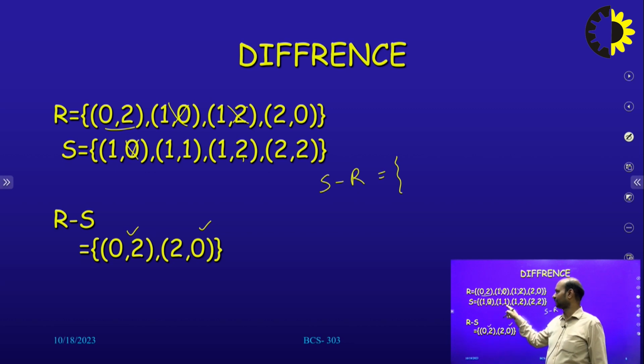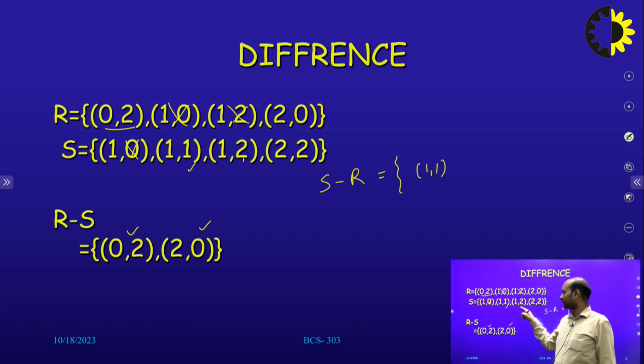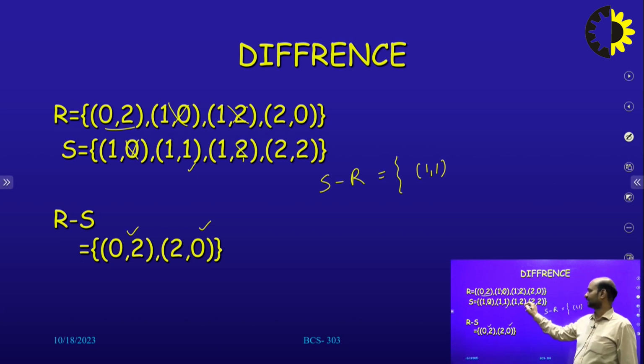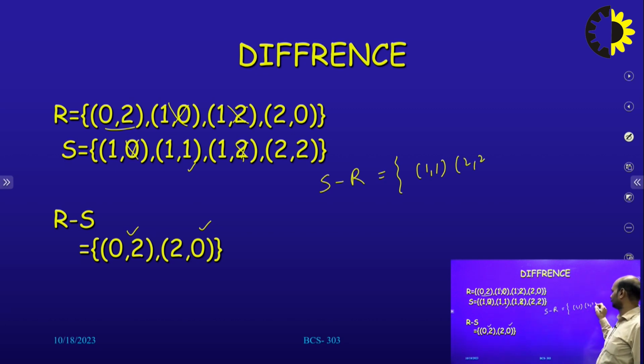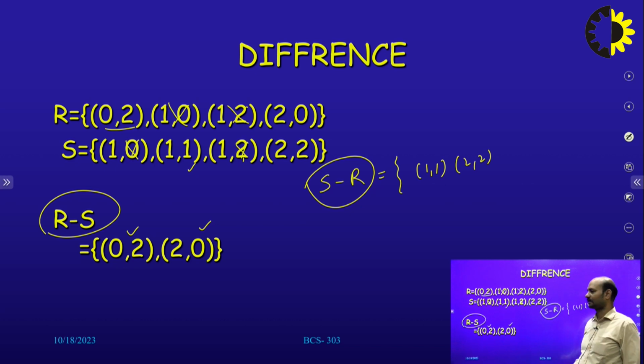Then 1 comma 1 is not present in R, so we include 1 comma 1. Then 1 comma 2 is already present in R, so we skip this. Then 2 comma 2 is not present in R, so we include 2 comma 2. So here we can say that R minus S is not equal to S minus R. It means the difference operator does not follow the commutative law.